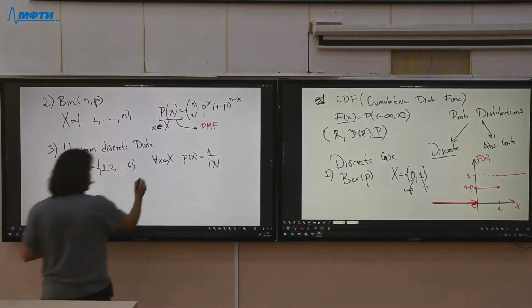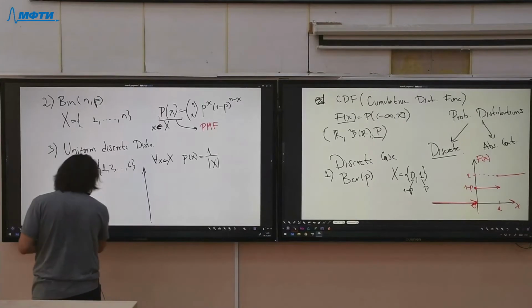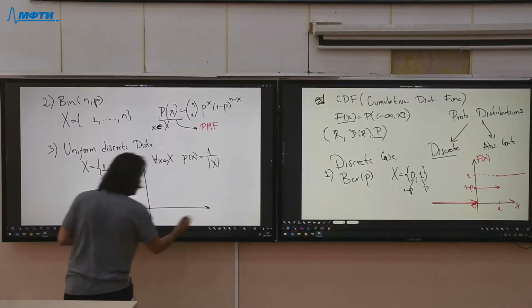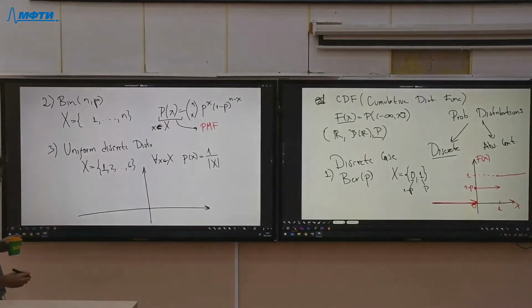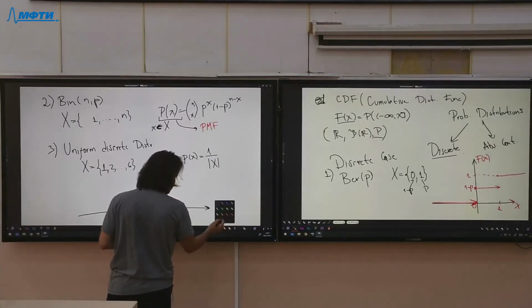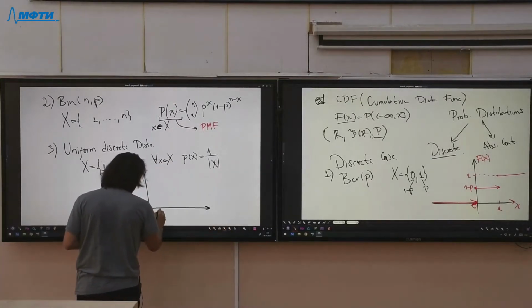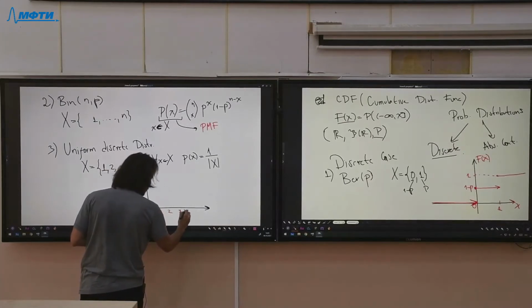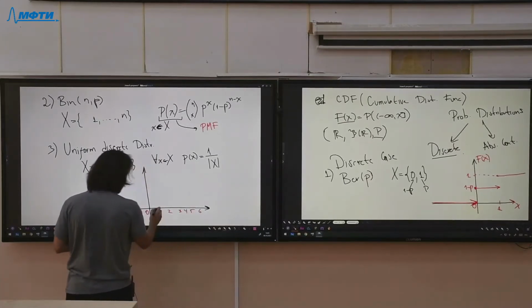And the CDF for this case looks like this. So let me draw here. We have 0, we have 1, 2, 3, 4, 5, and 6, something like that. Okay.